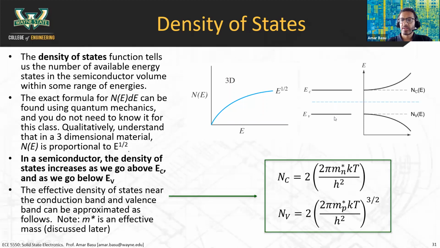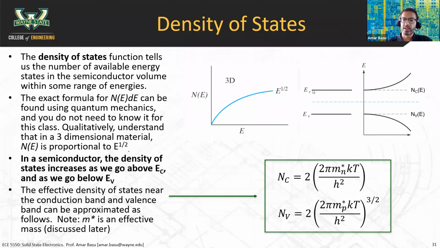So the second part doesn't change. There's 0 states between EC and EV. But above EC, it doesn't just go to a high number of states immediately. It actually transitions. What does that mean? It means that right at EC, there's 0 states.